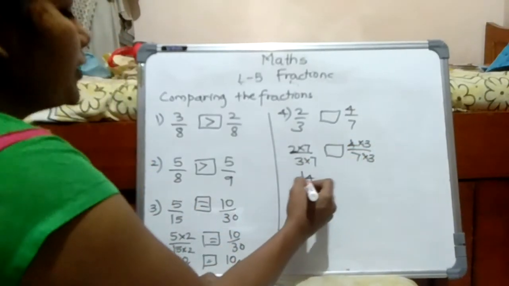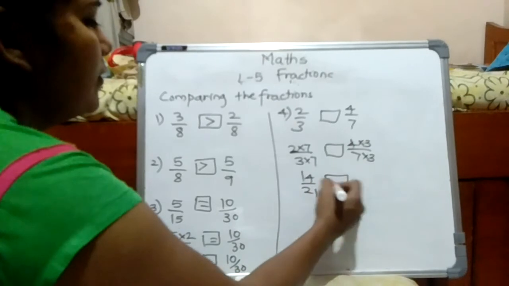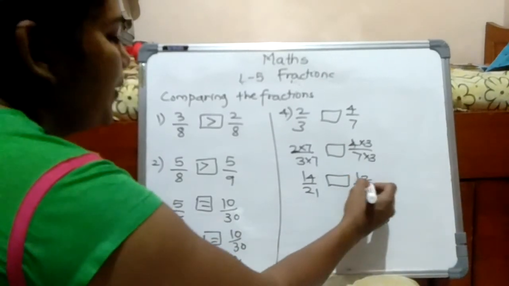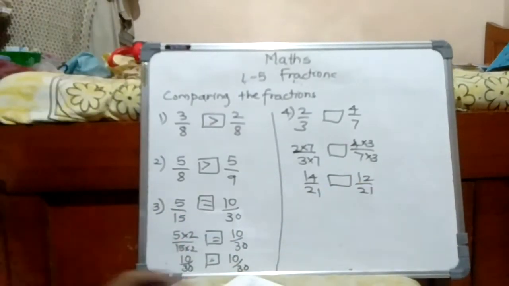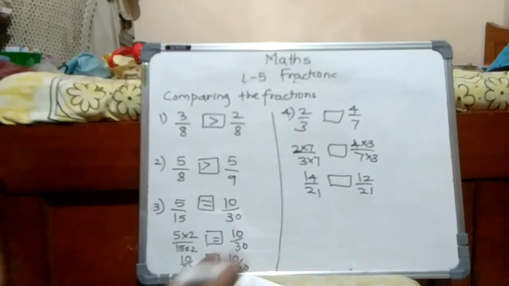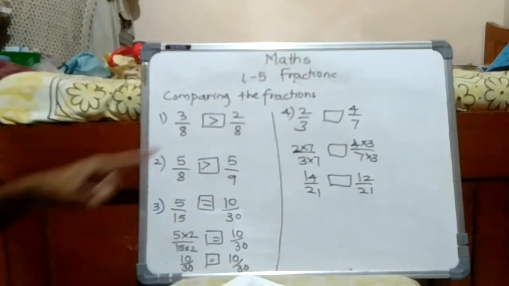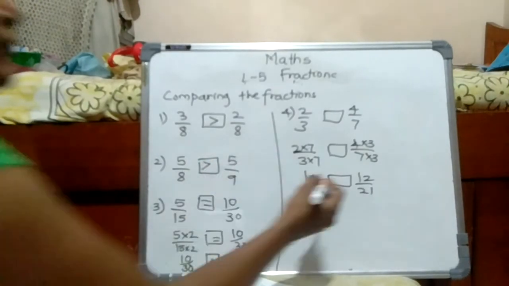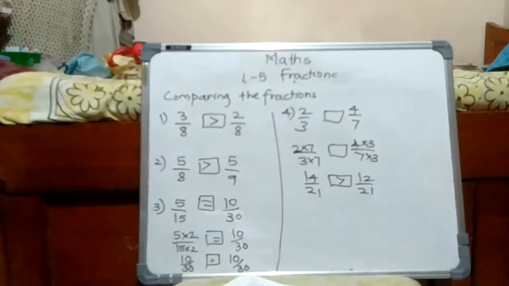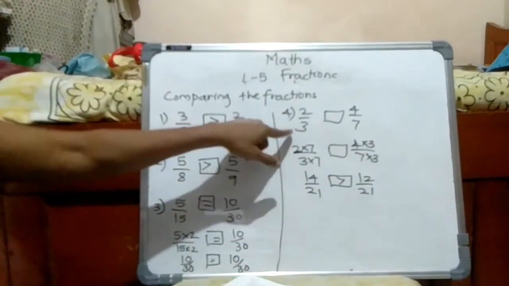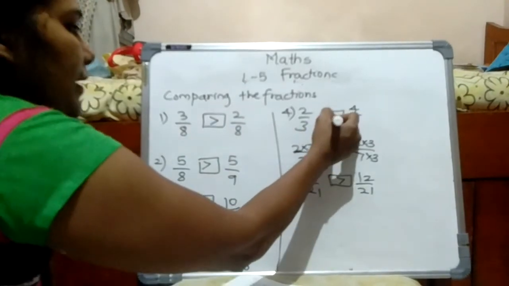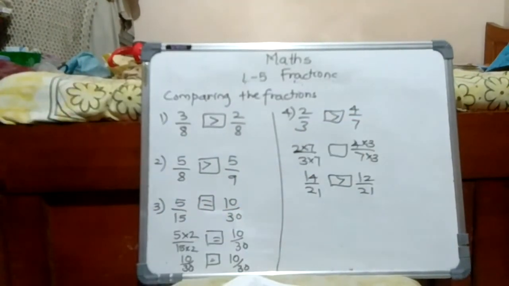This will give us 14 upon 21 and 12 upon 21. Is it clear? Now you can see 14 is greater than 12. So it means 2 upon 3 is greater than 4 upon 7. Clear? Understood?